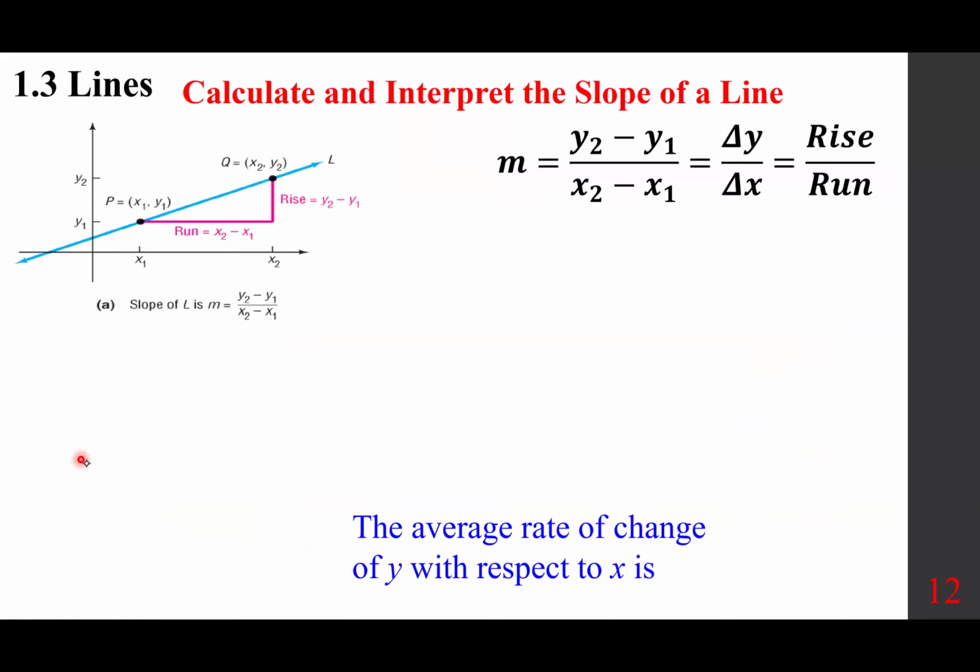The slope, as you recall, is known as rise over run: delta y over delta x, or y sub 2 minus y sub 1 over x sub 2 minus x sub 1. So here's the change in y, known as the rise, y sub 2 minus y sub 1, as you go from one point to the next, as you go from P to Q. And here's the run, or change in x. That's the definition of a slope, which in application means the average rate of change of y with respect to x.